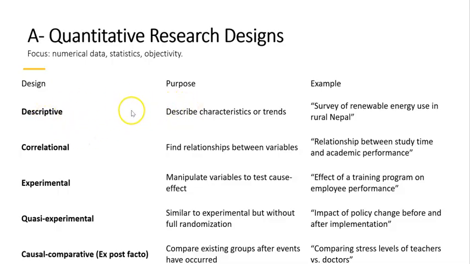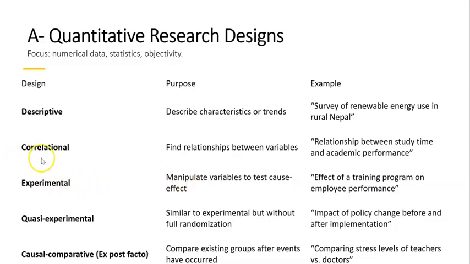The descriptive research design's purpose is to describe characteristics or trends of anything, and an example would be a household survey. And for me, particularly, when I conducted research on renewable energy use in rural Nepal, I used this model.